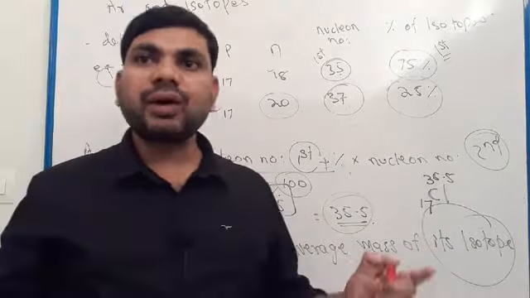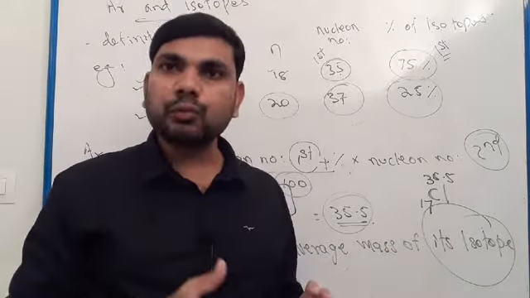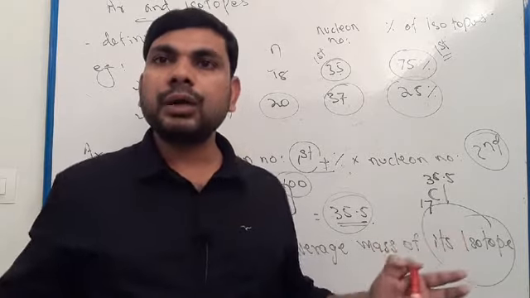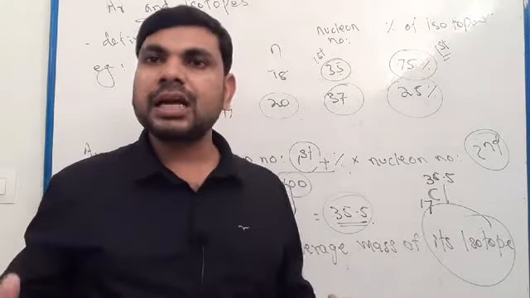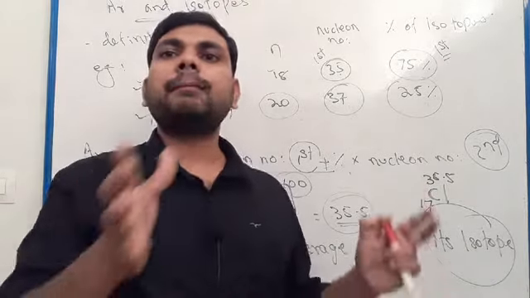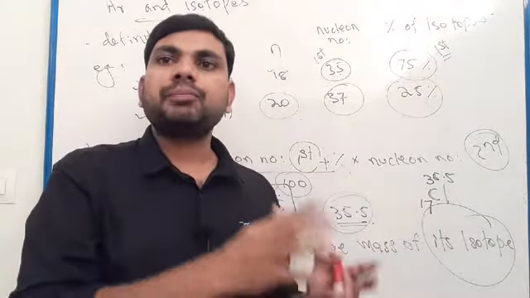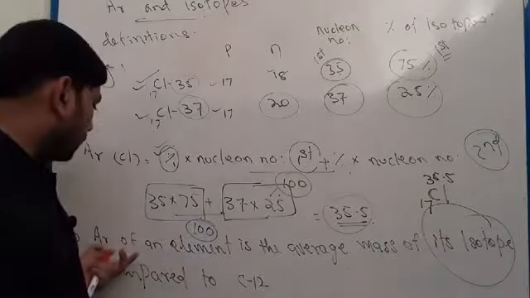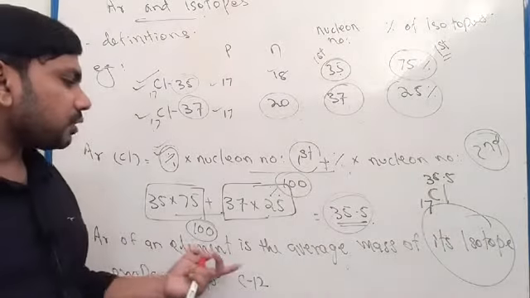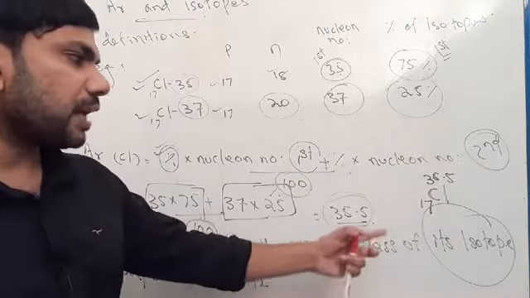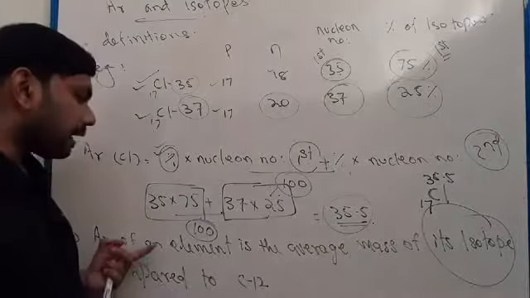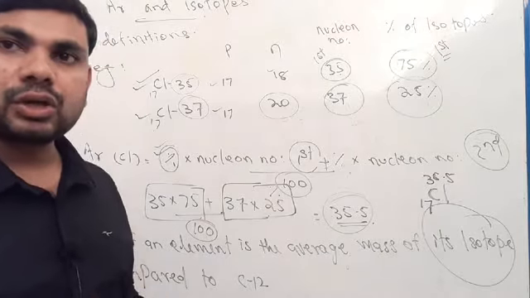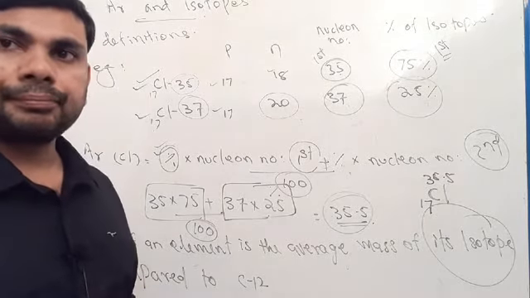The average mass of isotopes is compared with carbon 12. If you have many isotopes, you take the average mass, and this average mass is compared with carbon 12. That is relative atomic mass. So relative atomic mass of an element is the average mass of its isotopes compared to carbon 12.